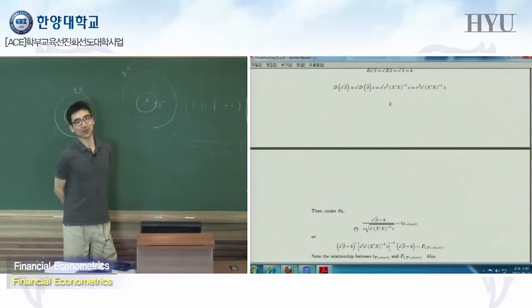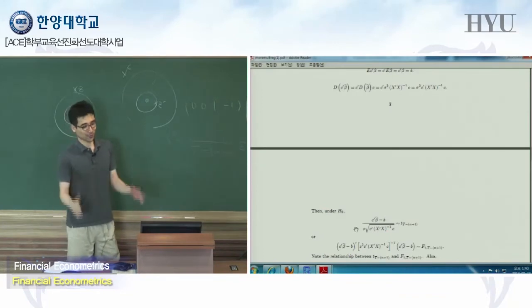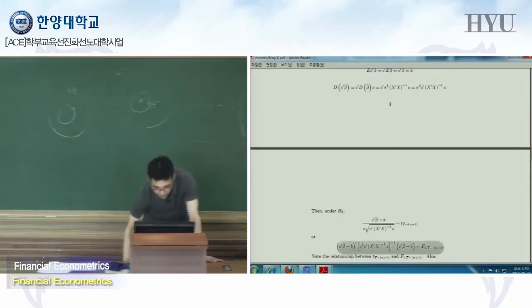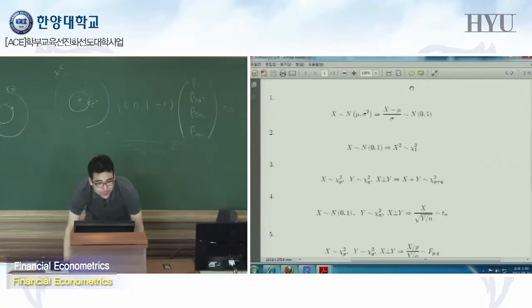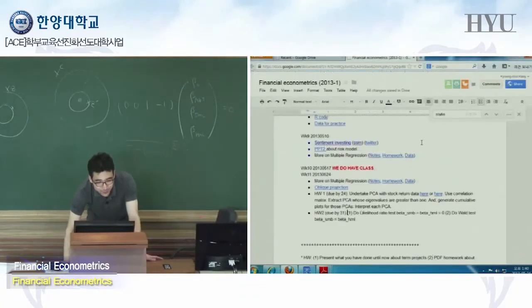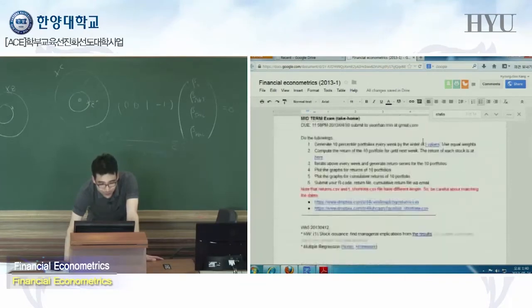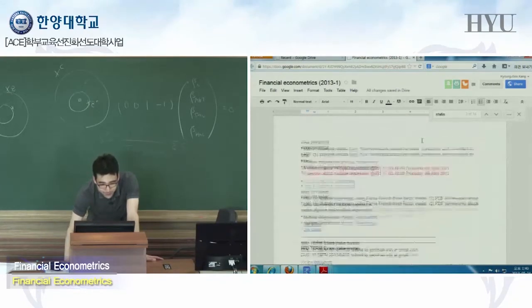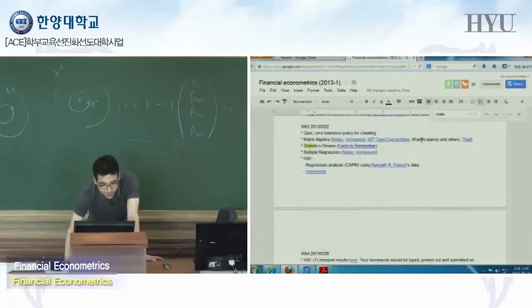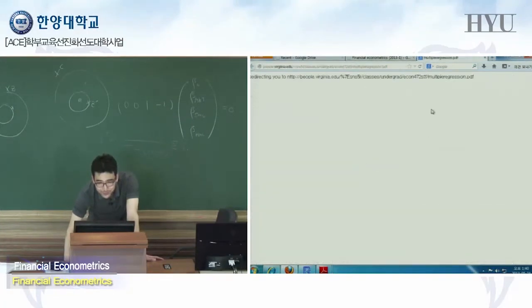In OLS regression, we have exactly the same problem. Let's go to our regression again. I think this is important. Multiple regression.